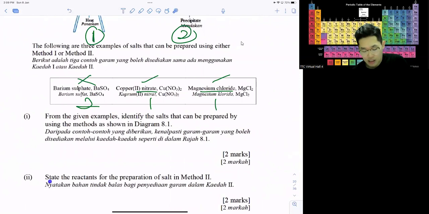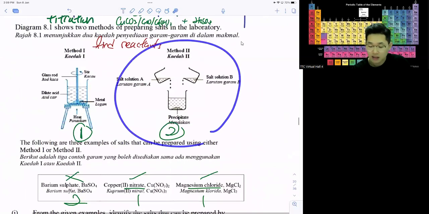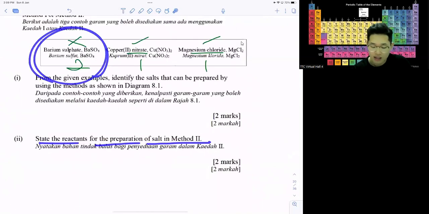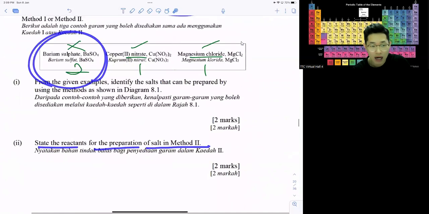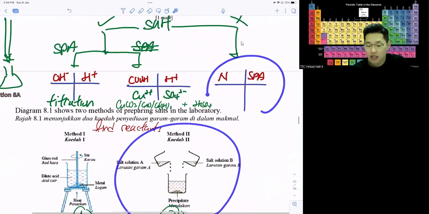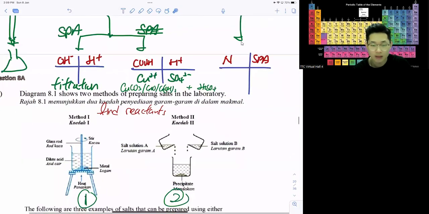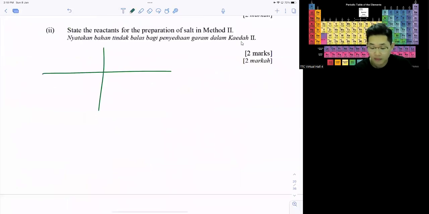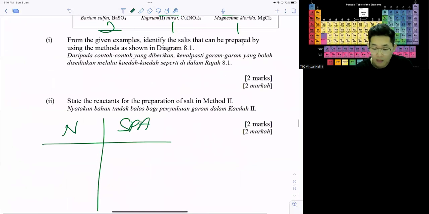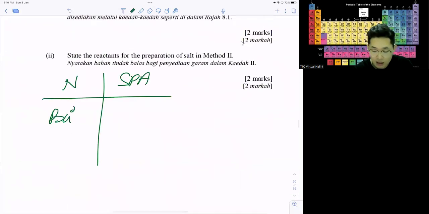And then we are going to identify the reactant for the preparation of salt in method 2. So method 2 is this one. They want the reactant. So see how I do. I know that it is an insoluble salt. I got to use the cross. BaSO4.